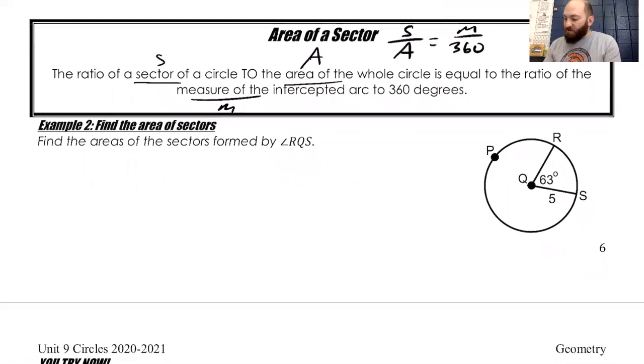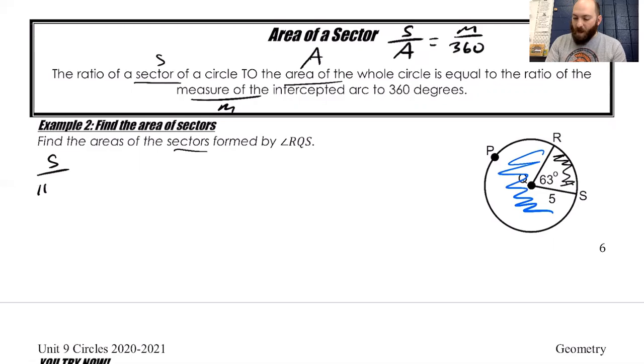Find the areas of the sectors formed by this. Okay, so I've got sector area, that's what I'm solving for. It's interesting, it says plural sectors, so I think I'll find this one, and then I'm going to go back again and do this one. Okay, so we're going to do sector over area.